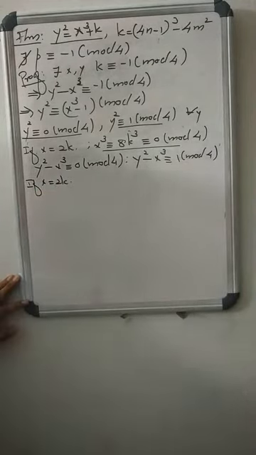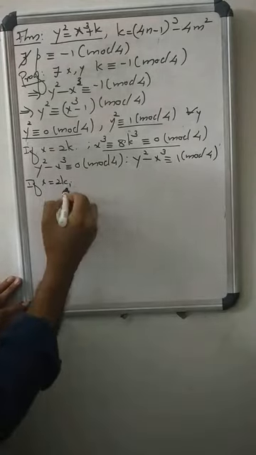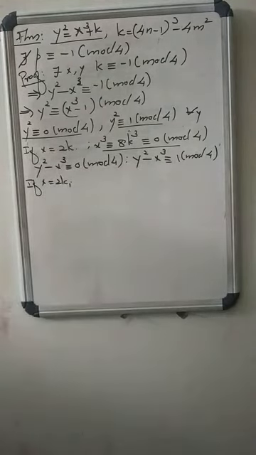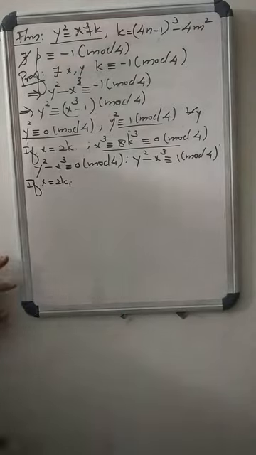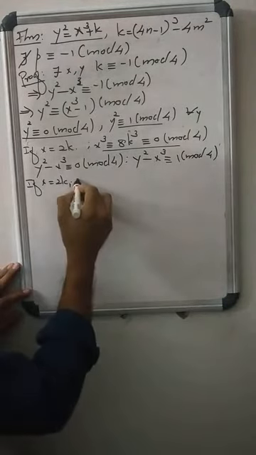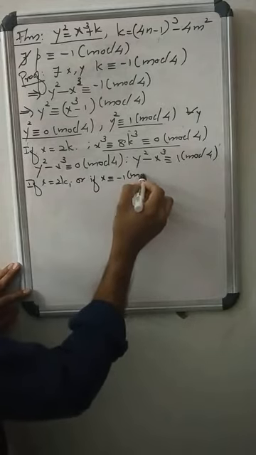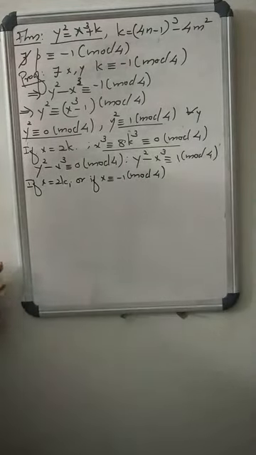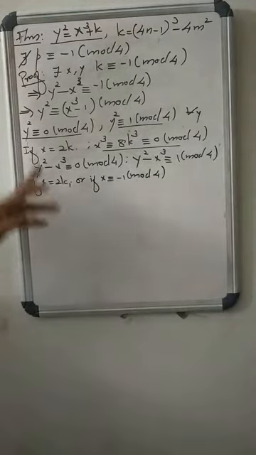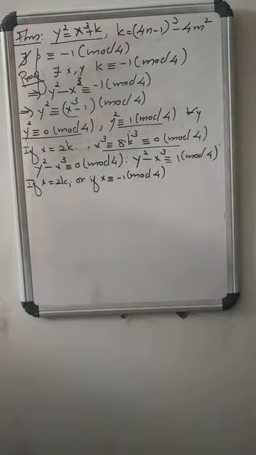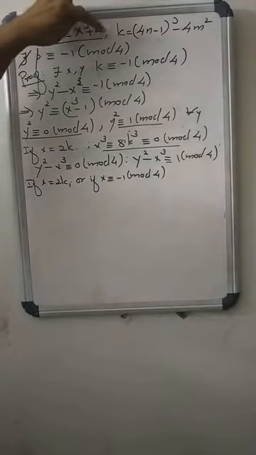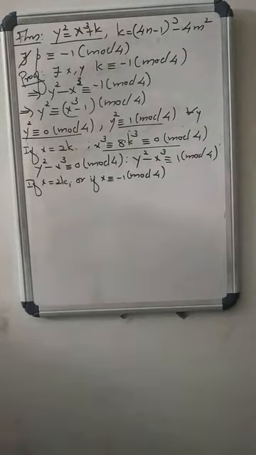Now, if x is even, x equals 2k or 2 lambda, whatever it may be. Or if x is congruent to minus 1 mod 4. X is even or x is congruent to minus 1 mod 4 means it satisfies this condition. Why?